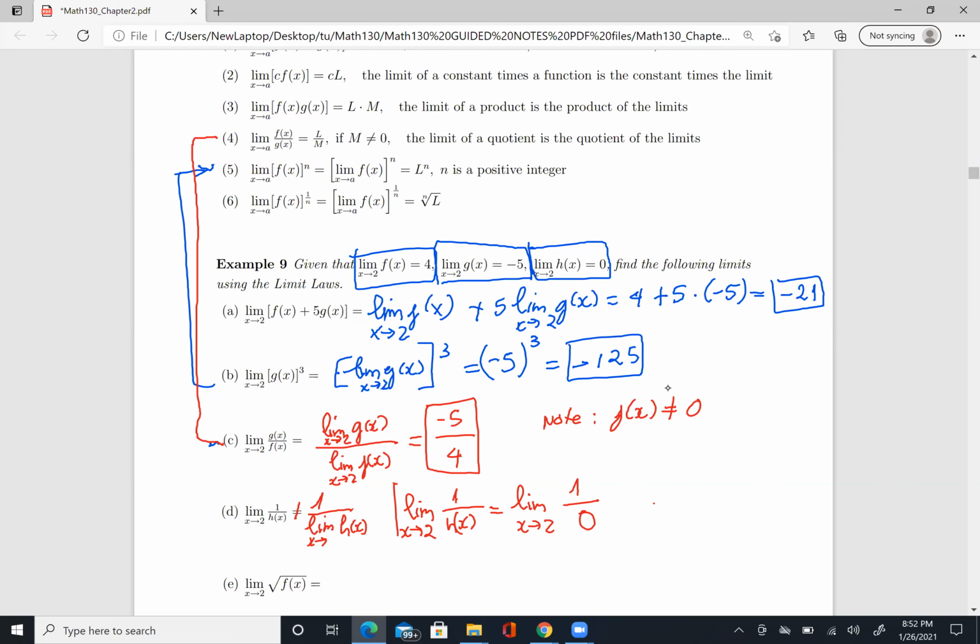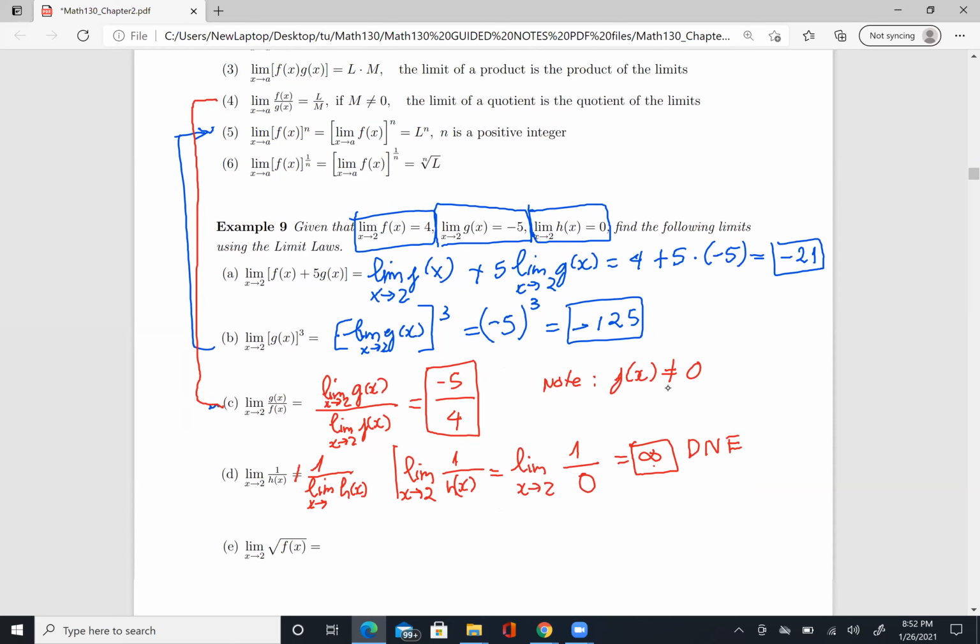So in this case, you can write it as equal to infinity. Because for anything that's positive on top and 0 on the bottom, it becomes undefined. But we write infinity as the answer, or does not exist.